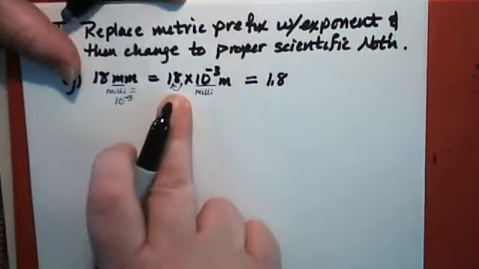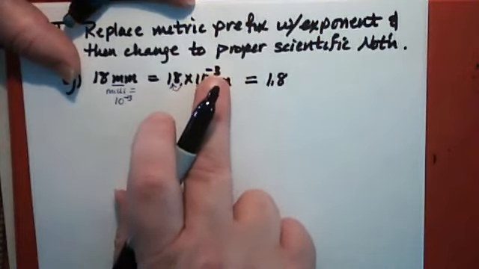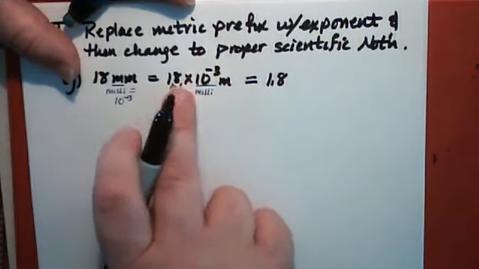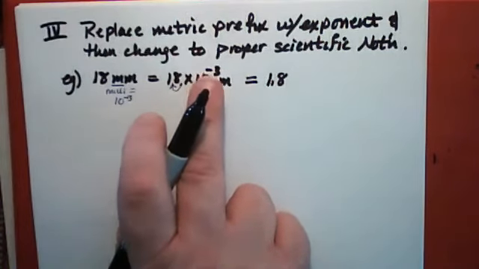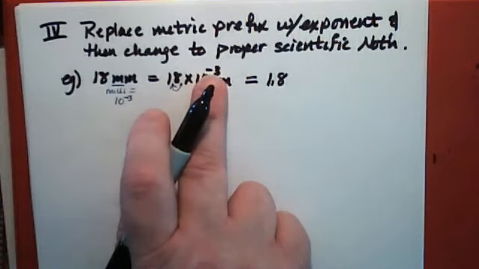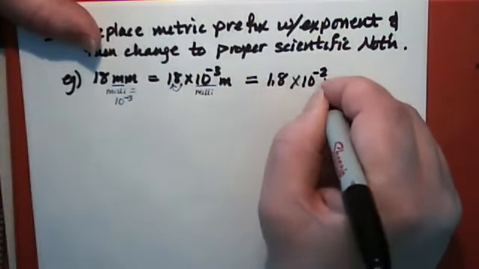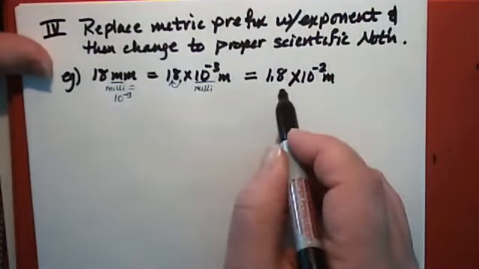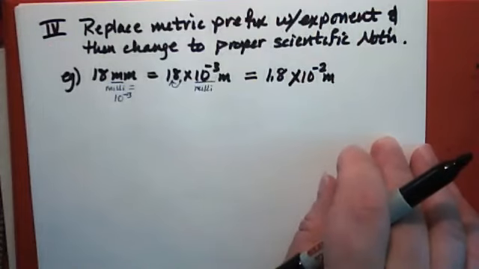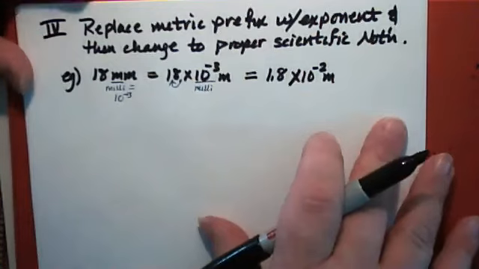In moving the decimal point, we made the number smaller. 1.8 is definitely smaller than 18. So we have to make the exponent bigger to compensate by 1. Remember, though, tricky with negative numbers, if you're going to increase negative 3 by 1, it becomes negative 2. So in proper scientific notation, it would be 1.8 times 10 to the minus 2. So that's the kind of thing we're looking to do in these examples.